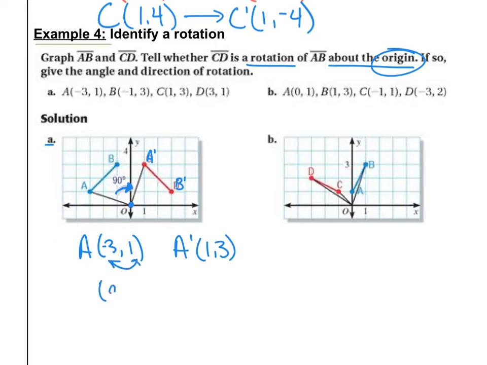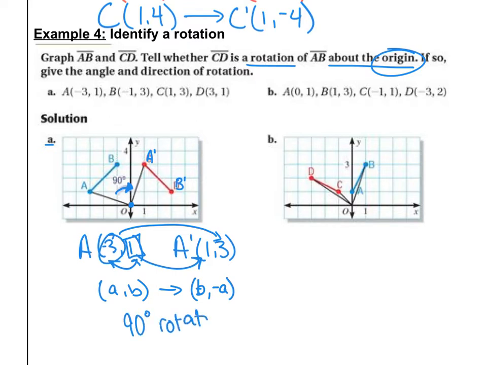So we'll say that if this is A and B, when we go to A prime, it's going to be the opposite. So this was -3 here, but then over here it became +3. This was +1 here, and it just stayed the same and just came over. So that's a 90-degree rotation.